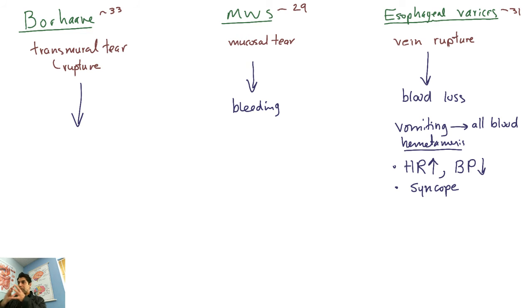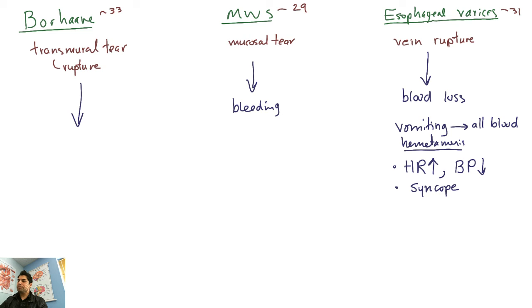But when the vein itself, that's dilated, ruptures, it's more blood loss. So it's like a hole in the wall. Okay. Transmural tear. There is a tear of the entire thickness of the wall. It's not venous rupture. It's wall rupture. The wall will have some basic capillaries here and there. So it's more fluid than blood. Yes. Rarely it's blood. Rarely.